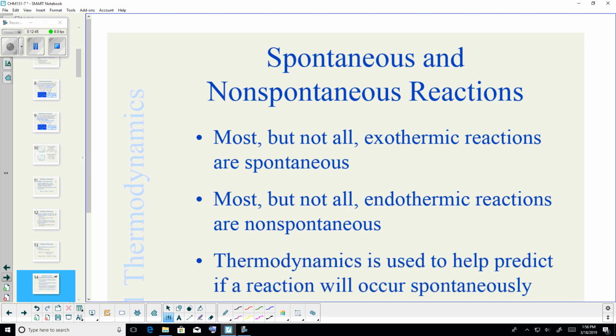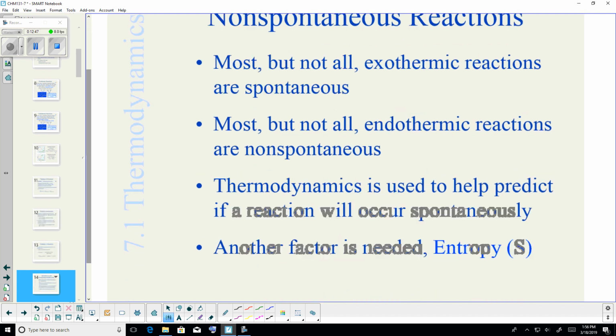So thermodynamics is used to help predict if a reaction will occur spontaneously. However, we need another factor called entropy. The symbol for entropy is S. And you may have heard the term entropy before.